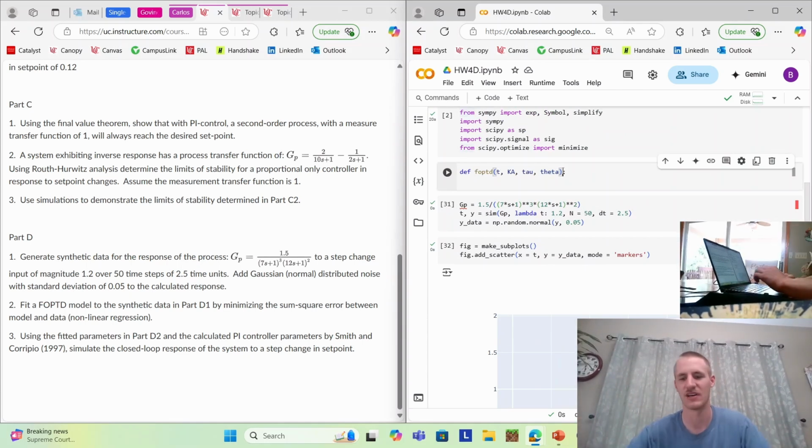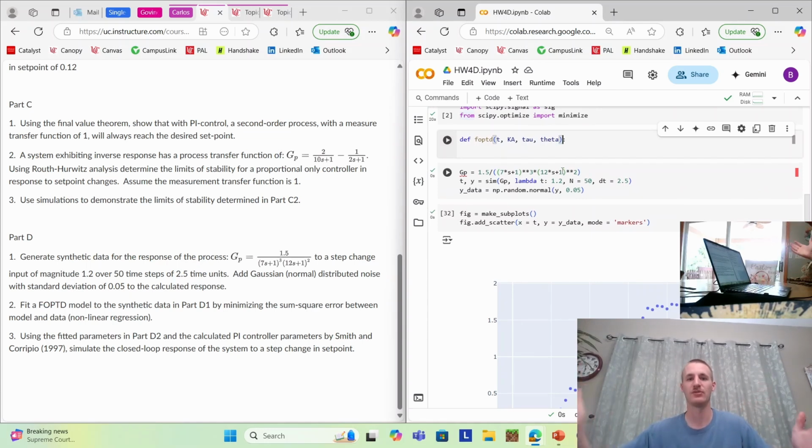If you wait 2 seconds before you start the process, start the change, that would be our theta. And then of course tau, and Ka is our K value. That's our gain times A, which is our step change.